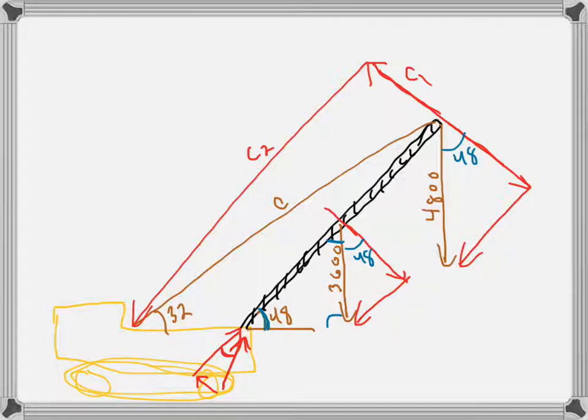If we also know that this is 48, we know that this angle here, which would be supplementary, should be 132. And if that's 132, then we have two angles, and the third angle should add up to 180. So that would make this 16. And if that's 16, then this is 74. So you can pause the video and see if you understand how we get all those angles.